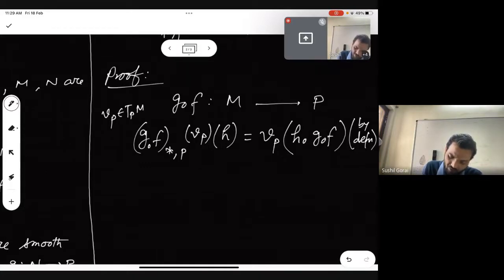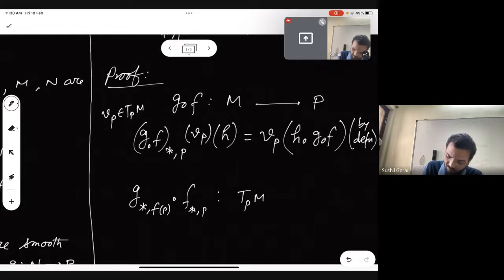Now you look at G star at F(P) composed with F star at P, and this is a map, again, from T_P M to T at (G compose F)(P). So domain and range are the same.